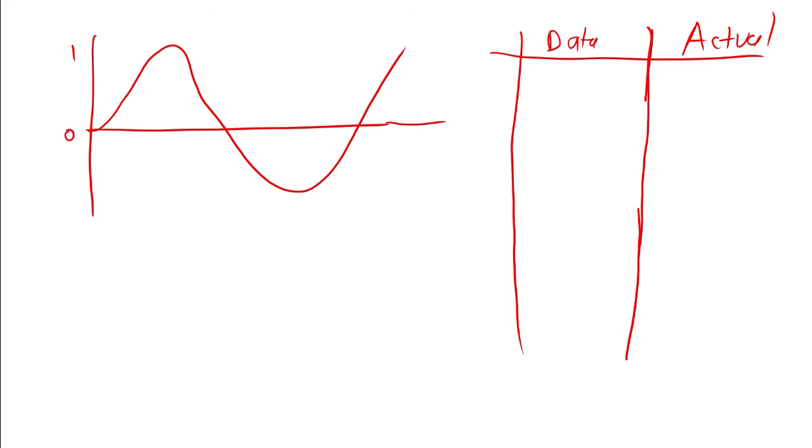So if we went from negative 1, negative 0.9, negative 0.8, all the way to 0, and then 0.1, 0.2, all the way to 0.9, 1.0. Let's say this was an image or a video signal.